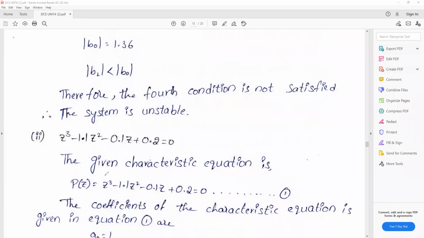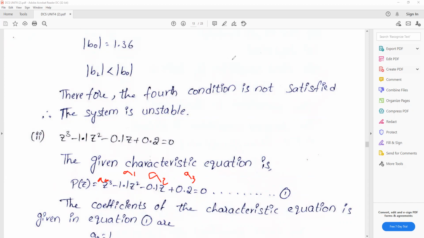First, this is A naught, A1, A2, A3. The A naught coefficient is 1, A1 is minus 1.1, A2 is minus 0.1, A3 is 0.2.